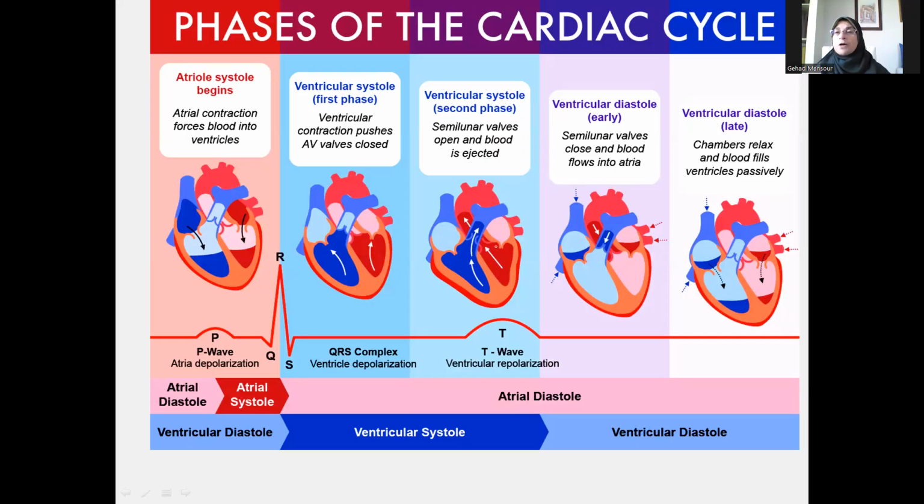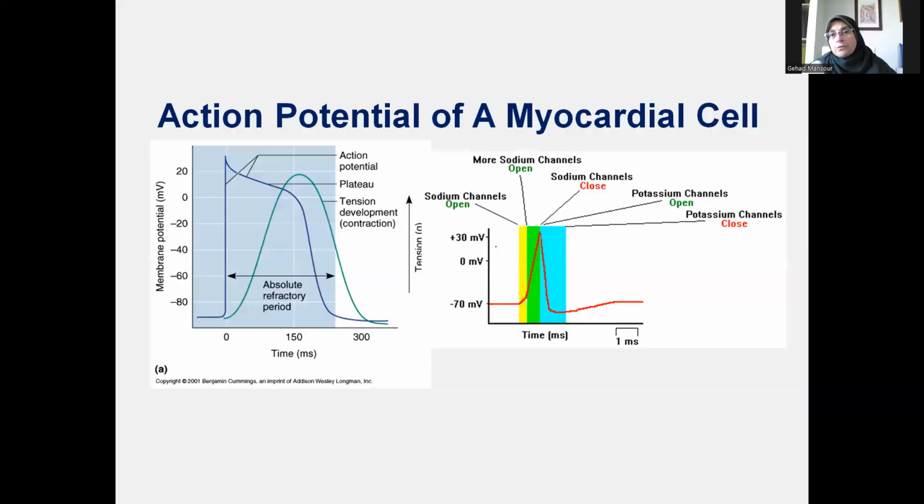This is all what you have to know about this kind of correlation between ECG waves and the phases of the cardiac cycle. In that drawing of the action potential, you have to know what an action potential is.